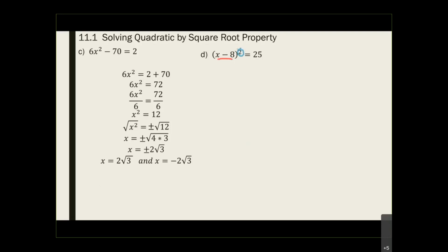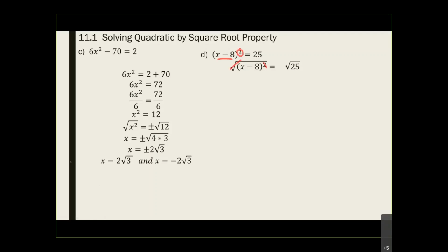So the x minus a is squared, and I have my square by itself. If I have the square by itself, how do I get rid of the square? Everybody see that the square and the square root cancel each other out.